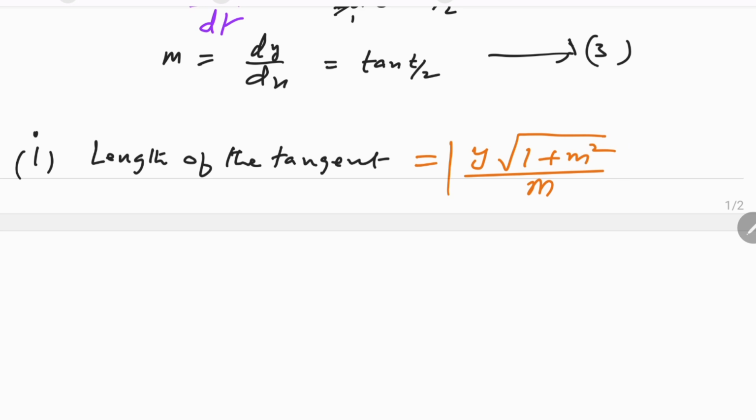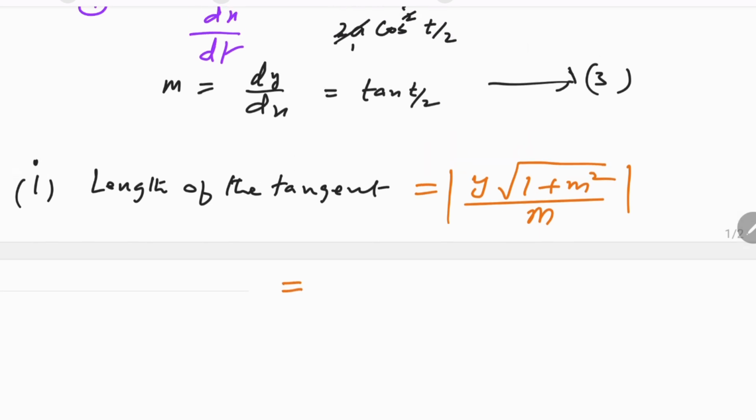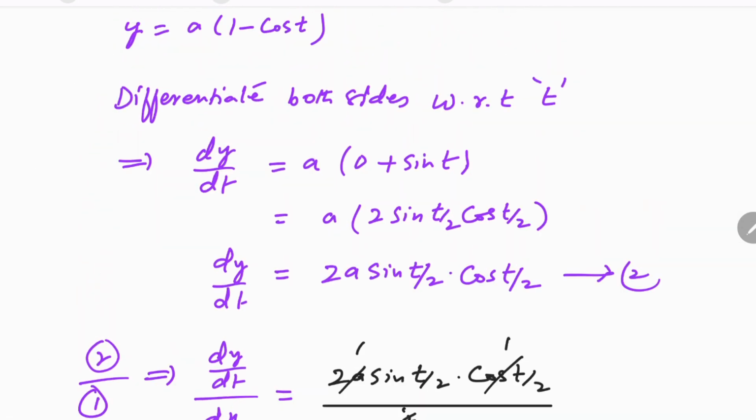Modulus you have to take, because length of the tangent is always positive. Now, what is y?